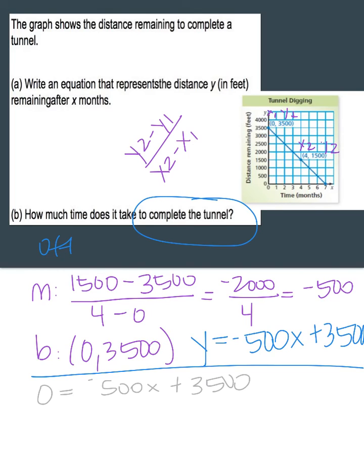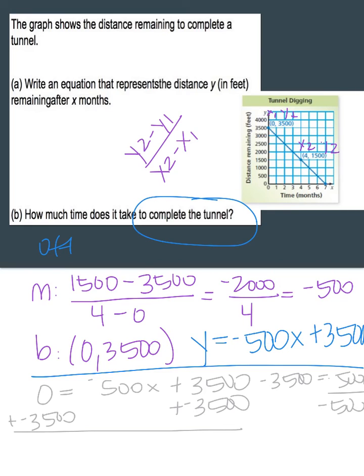I'm just going to use inverses to solve. The first thing I would do is add a negative 3,500. So my new equation is negative 3,500 equals negative 500x. Divide by negative 500. So x equals 7, and let's include our unit of months.